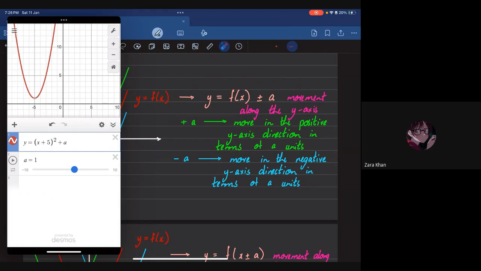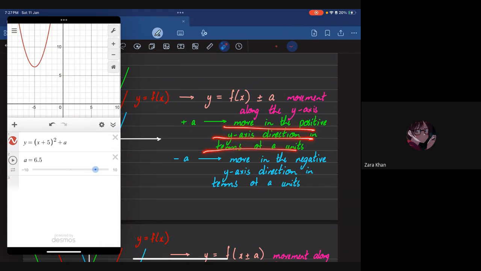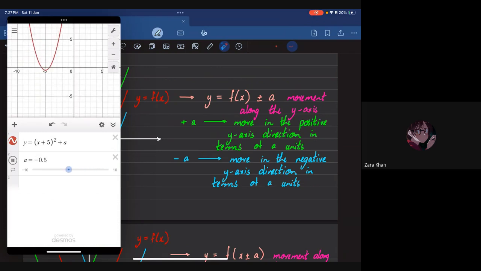If I move a positive, you will notice that it's rising up. It's moving in the positive y-axis direction in terms of a units. And if I turn a negative, you will notice that it's going downwards. So you can notice its entire movement.